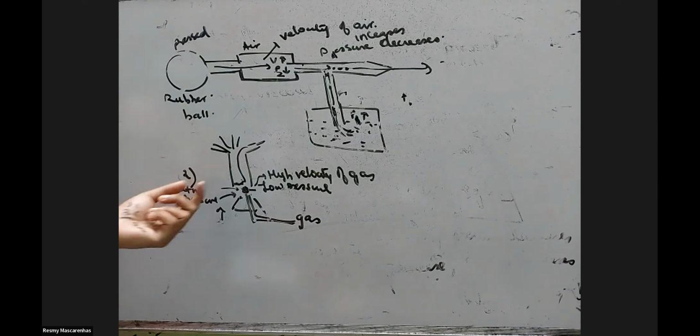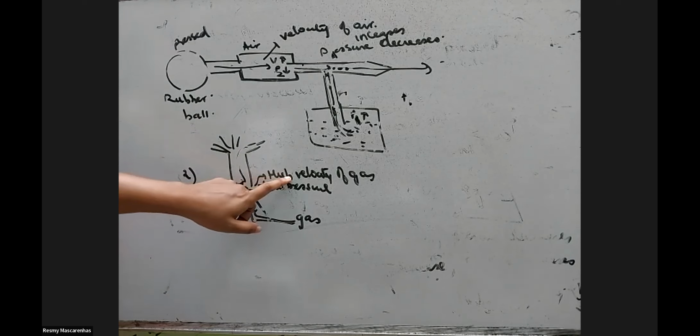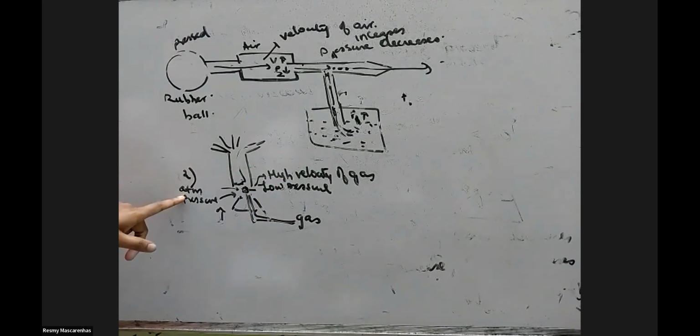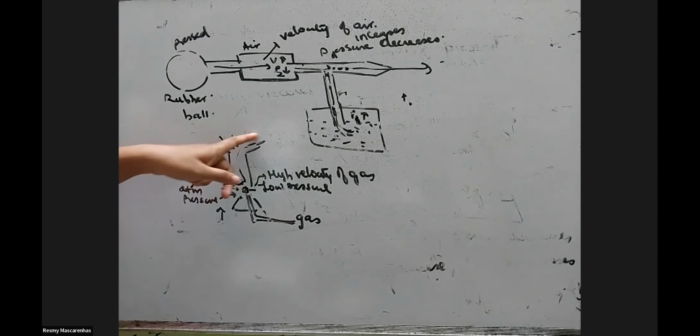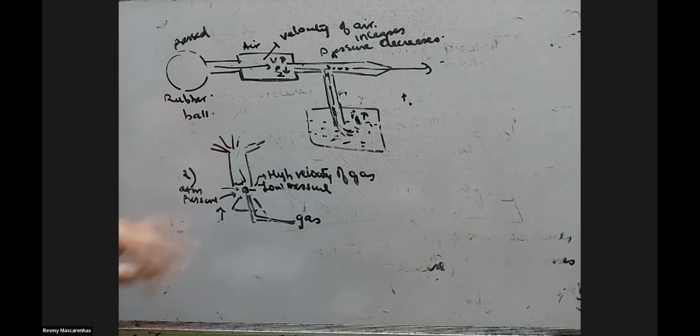The atmospheric pressure will start pushing air in, which will help this gas come out of the burner as flame. So this gas velocity is high, pressure is comparatively low, outside pressure is more, so air will start coming in and then it will come out in terms of flame. So only this concept you have to remember: whenever there's high velocity, there's low pressure.